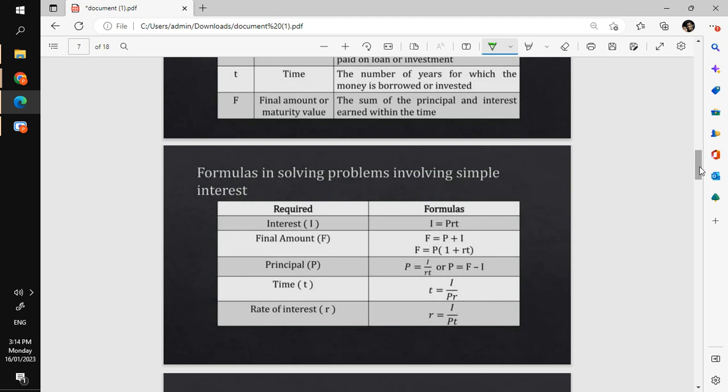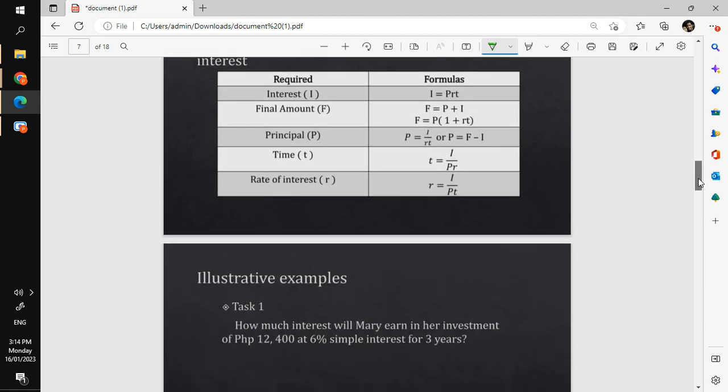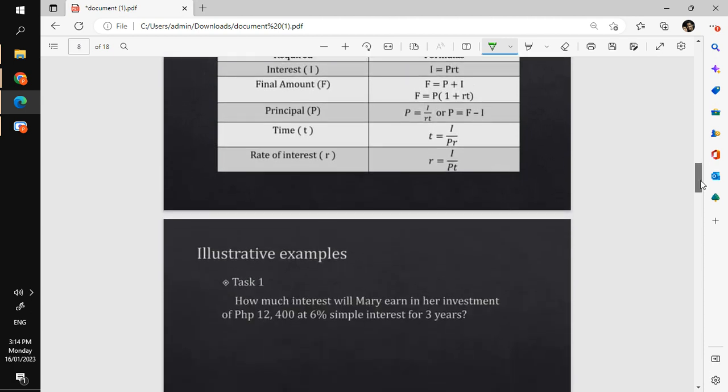Now, this might take you a lot of time before you can memorize it, or you might feel lazy memorizing all of this. So I have a technique for you on how to compute these problems that involve simple interest. Basically, we have here the illustration.